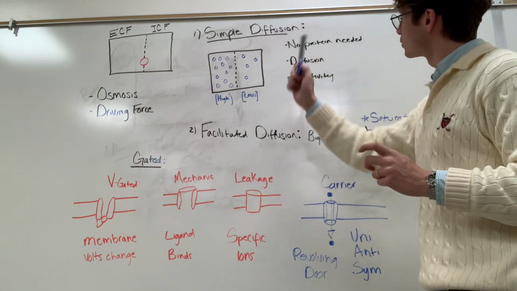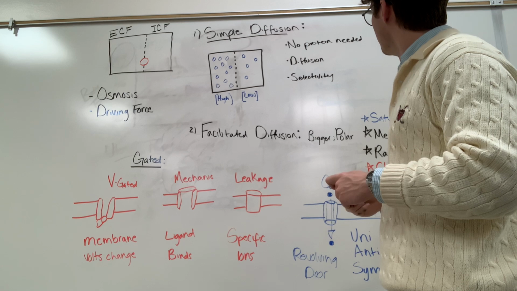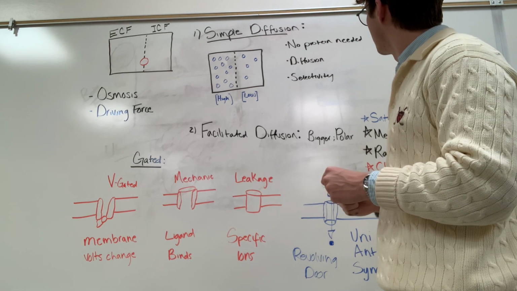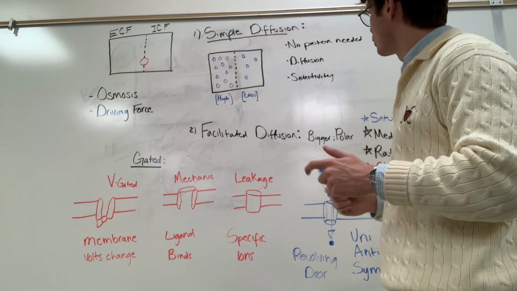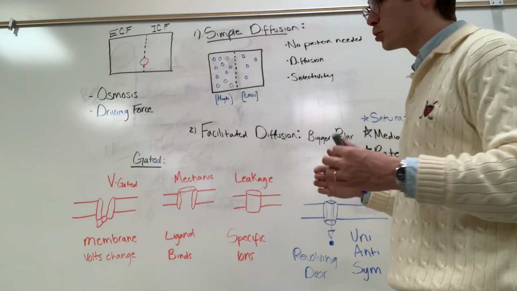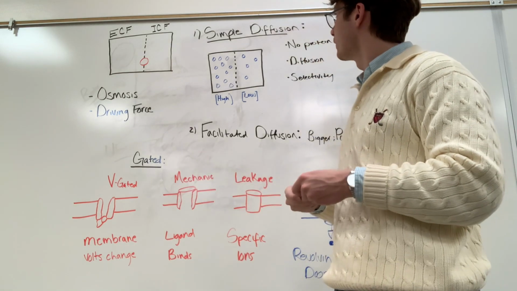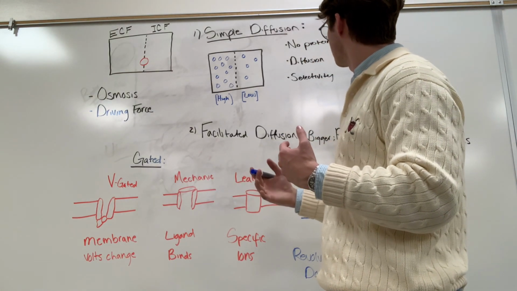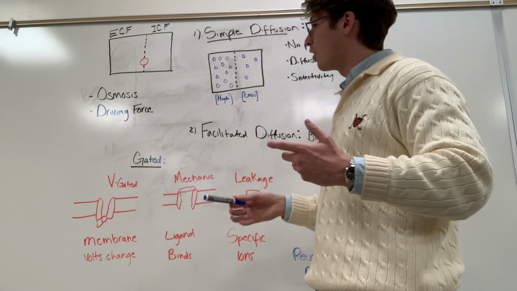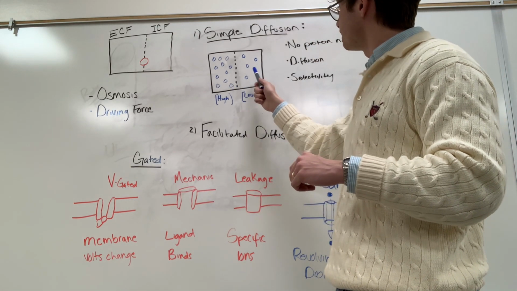So now this idea of simple diffusion is purely carried out by attraction and by kinetic forces. There's no protein needed. ATP or energy is not required. This is something that just occurs based off of concentration. Here I drew an example.